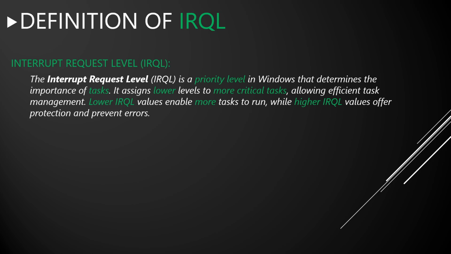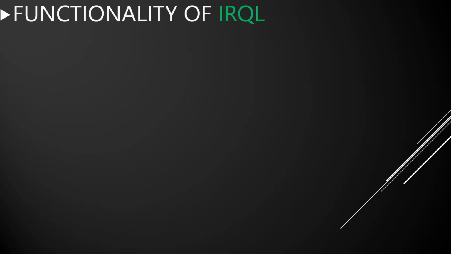Okay, this defines the priorities. Also, the priority of IRQL is defined from the algorithm that is running behind the task. Okay, it depends on the developers. Okay, it's not from Microsoft. Okay, it's from the developer. Let's see the functionality of IRQL.